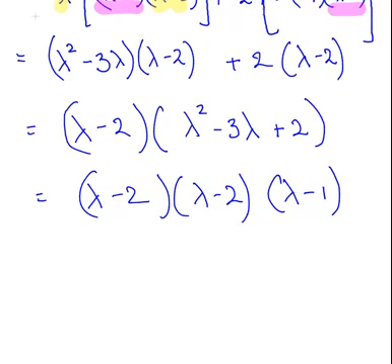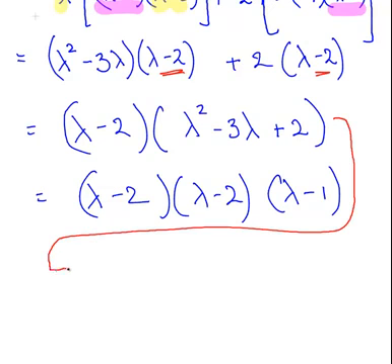Now, it doesn't always work out that you would be able to spot lambda minus 2 and lambda minus 2. So I'm just going to ignore that, unfortunately, and work on the basis that we cannot identify lambda minus 2, or it doesn't work out so easily.